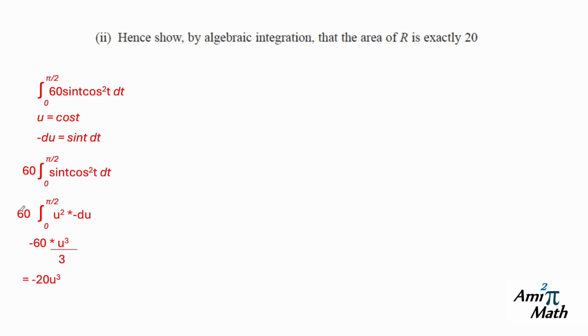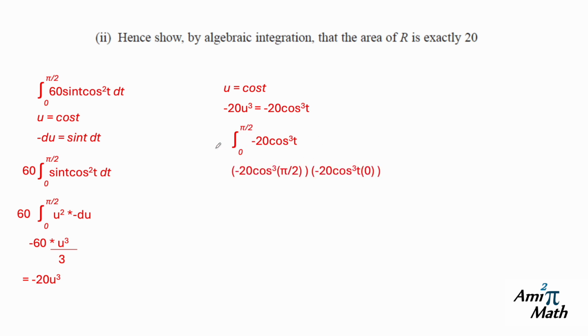So we get u squared from the cos squared times minus du, which gives us, if we integrate it, u cubed over 3 times minus 60, as the minus is taken here, which equals minus 20 u cubed. And as u equals cos t from earlier, we can do minus 20 cos cubed t. And then if we put this back into here, we can just plug in these values. So minus 20 cos to the power of 3 pi over 2 minus minus 20 cos to the power of 3 of 0.